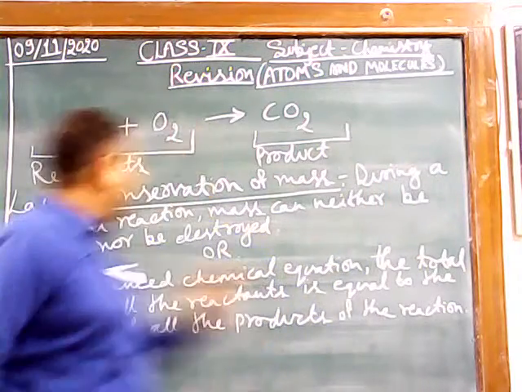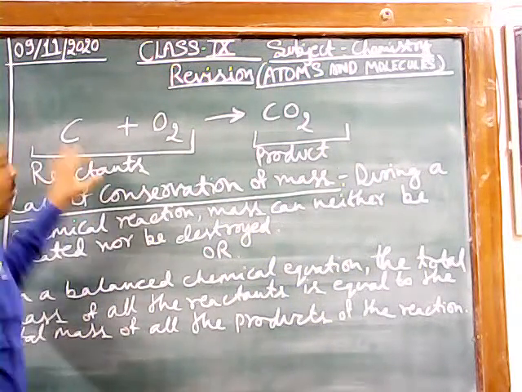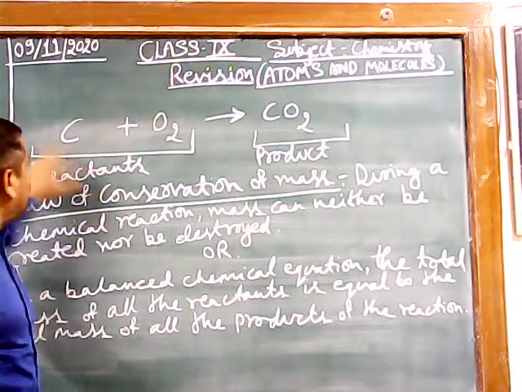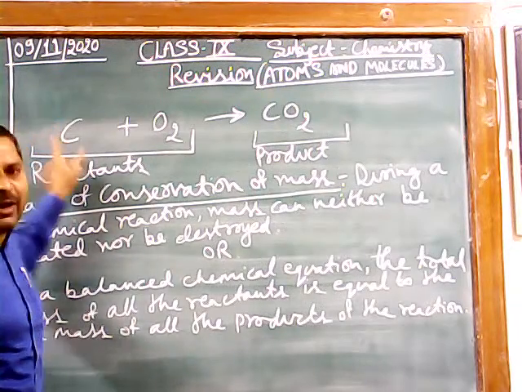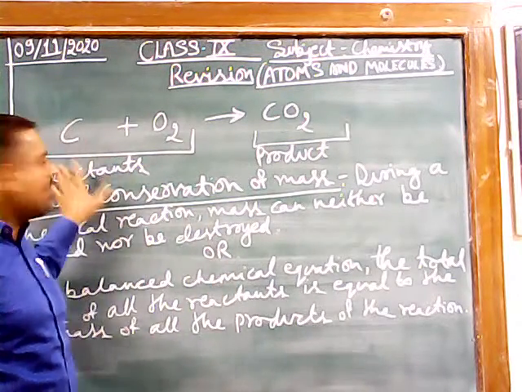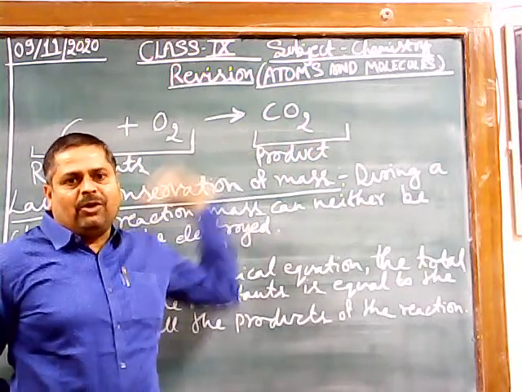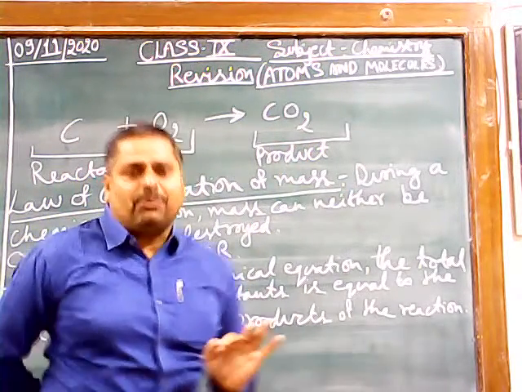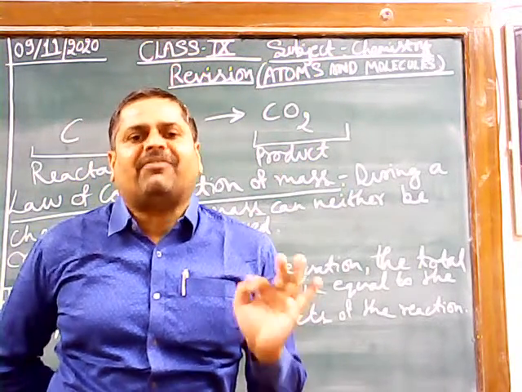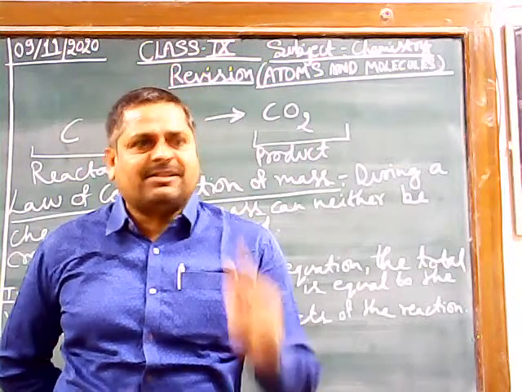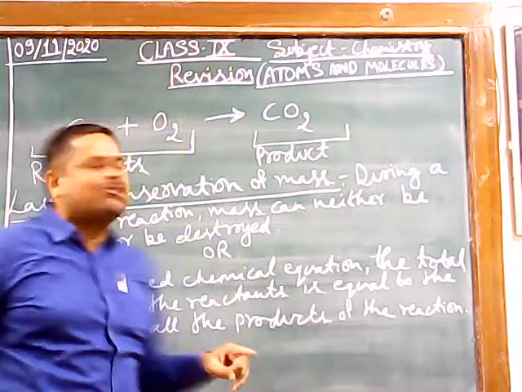For example, here on the reactant side, the number of atoms of carbon is 1, isn't it? Number of carbon atoms is 1, and in the product it is also 1. So this reaction is said to be balanced in terms of atoms of carbon.